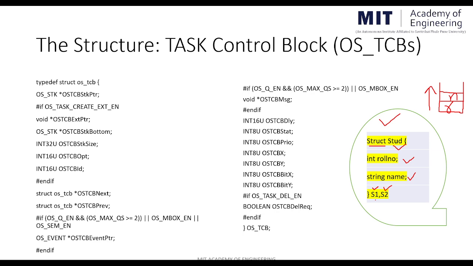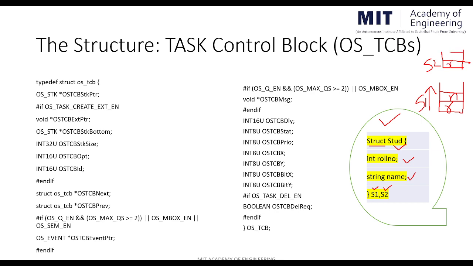When I write S1 and S2, the compiler provides me one structure for student S1 and one more structure for student S2, where again we can save the roll number and the name of the second student.